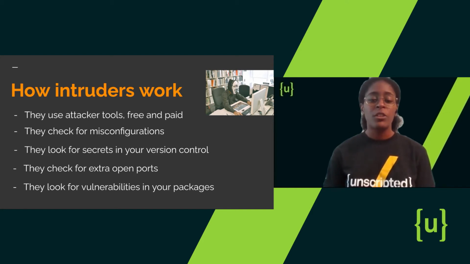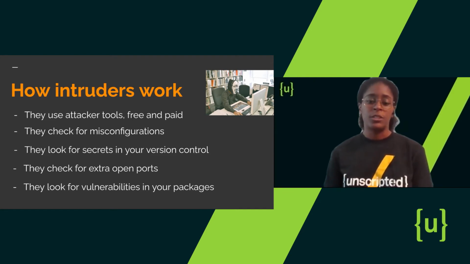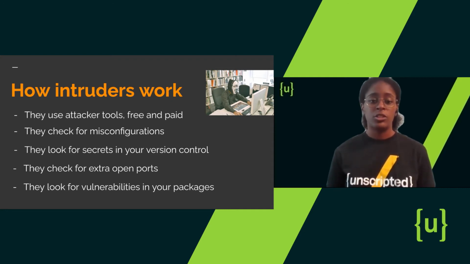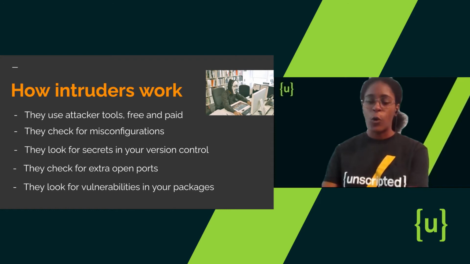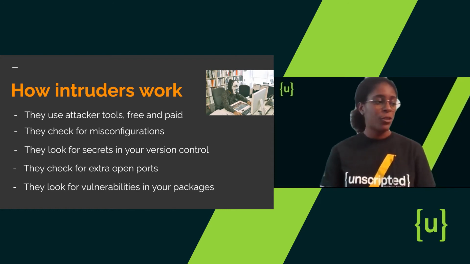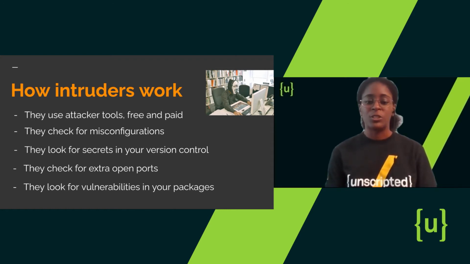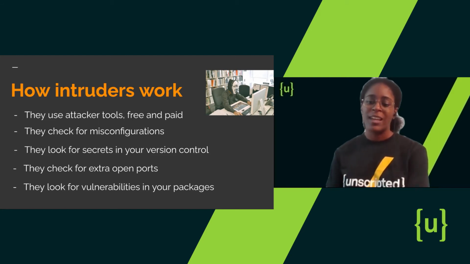So make sure that all the packages or libraries you're using are up to date. Make sure you have the most recent version, or else the attackers have a whole step-through of how to hack your system, because that specific vulnerability has been exposed and patched.